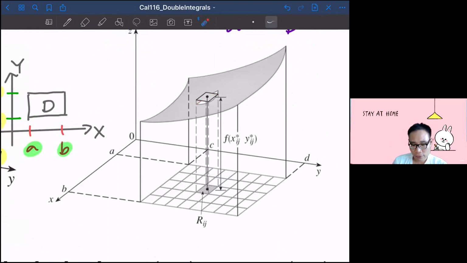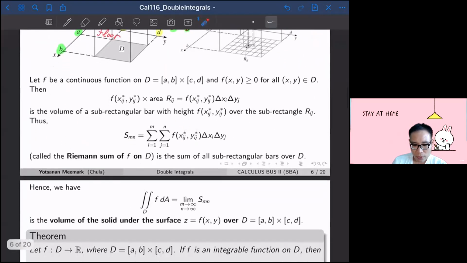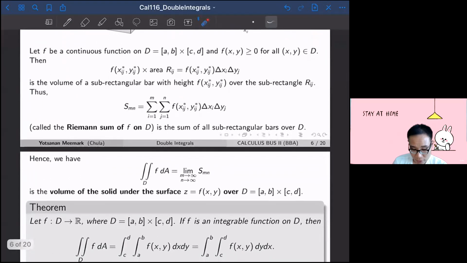However, if the pieces turn out to be smaller, you're going to get rid of the error and it turns out to be the exact value. So in this case, we're just going to take the number of pieces to be infinity.